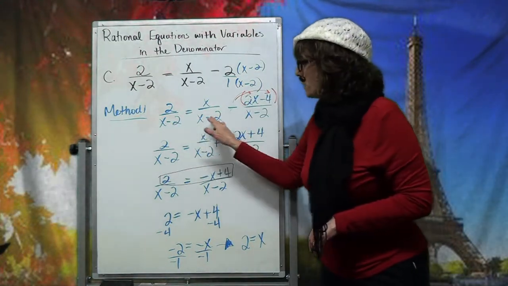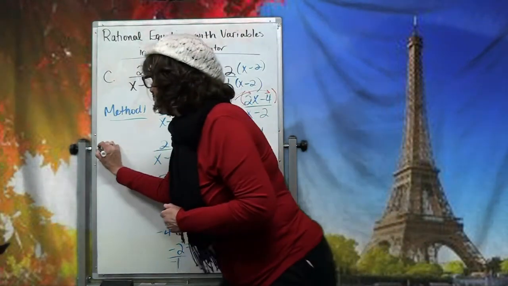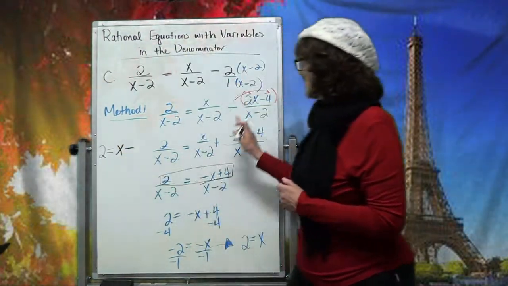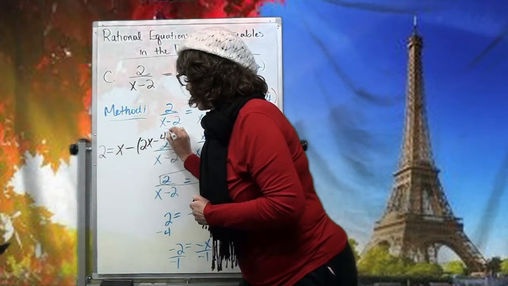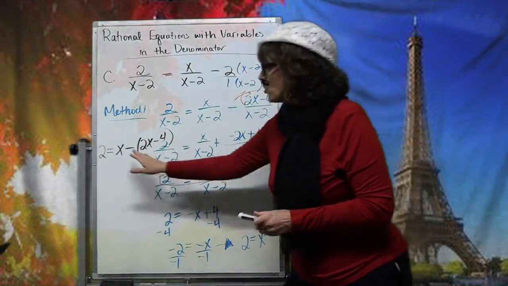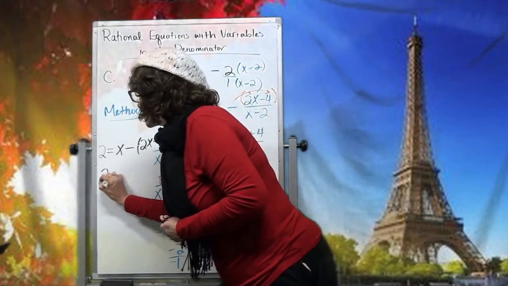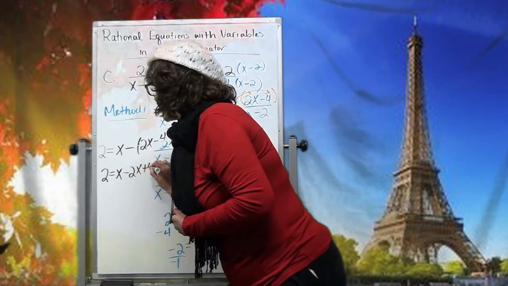And if you drop your denominators right here, you will end up with 2 equal to x minus 2x minus 4. And then you'll distribute that negative all the way through that parentheses, and when you do, you'll get 2 equals x minus 2x plus 4.